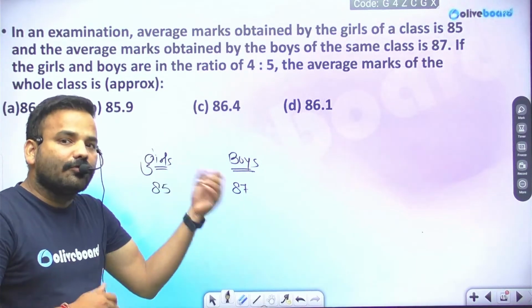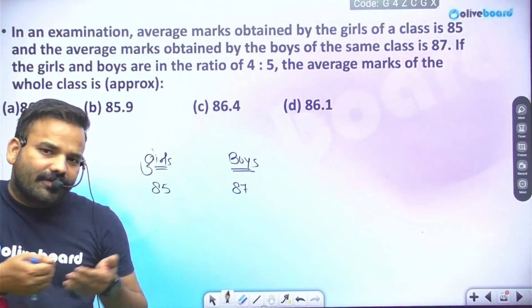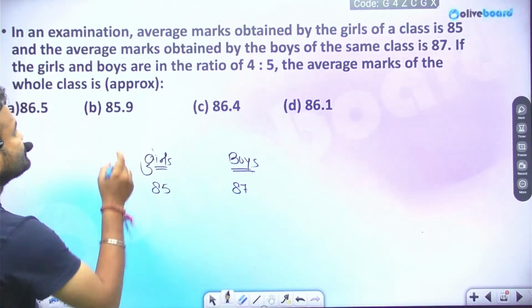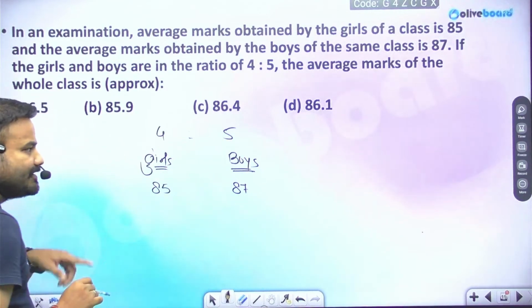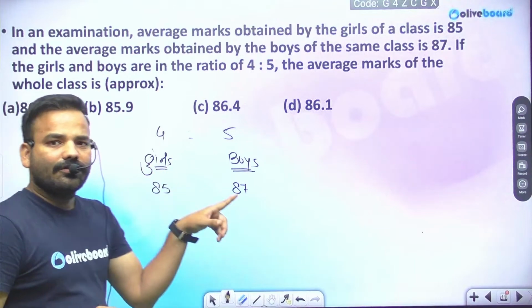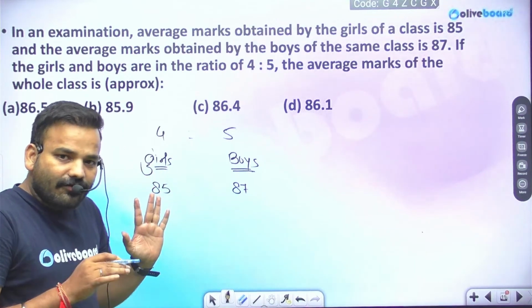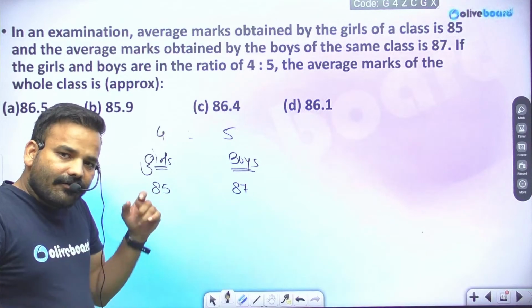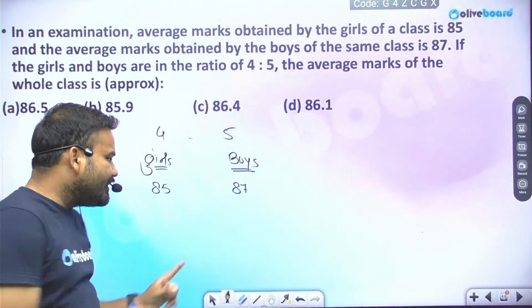Whose quantity is more, they will be taking the whole average towards them. So the ratio is 4 and 5. That means the number of boys is more, so the average will be more than the mean value. The mean value over here will be more than the value which is just in between. So in between we are having 86.